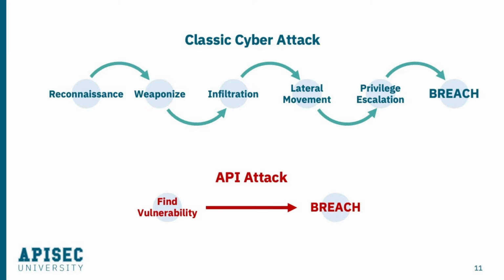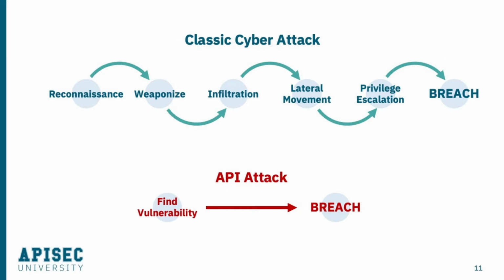The other reason why APIs are such an interesting target for attack is they make life a whole lot easier for the attackers. If you think about the classic cyber attack, it's also known as the kill chain. And frankly, this is an oversimplified view of it, but it takes a lot of sophistication and a whole lot of steps, from infiltrating the organization through reconnaissance, and then weaponizing, getting someone to click on a phishing email or get malware to download.